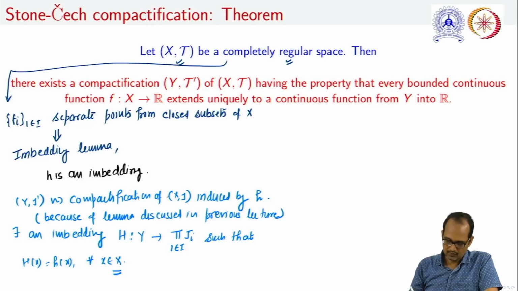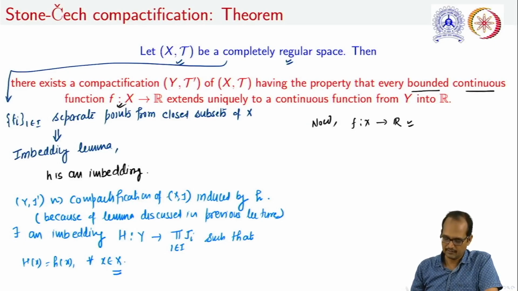Now what we have assumed, we have a function f from X to R. It is to be noted that this function is bounded continuous.